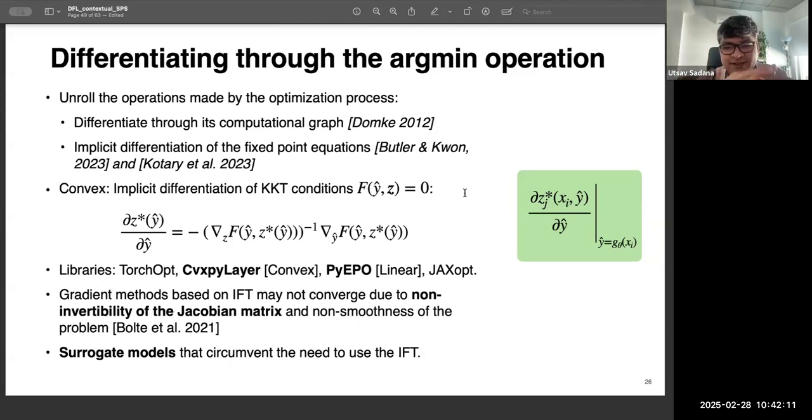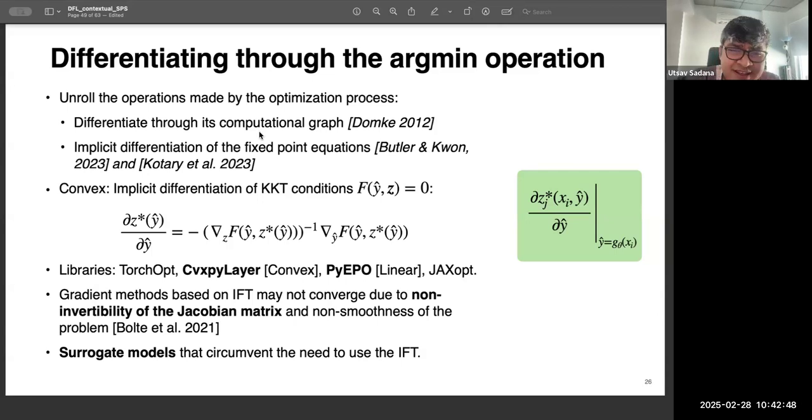Okay, you have an iterative solver that gives you the solution of your optimization problem. You can put these iterative steps on the computational graph of your problem, and now you can differentiate through the computational graph. In some cases, you can even write your optimization problem as a fixed point equation and now differentiate through this fixed point equation using implicit differentiation.